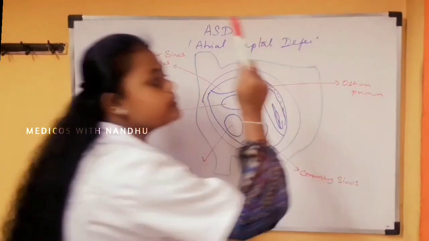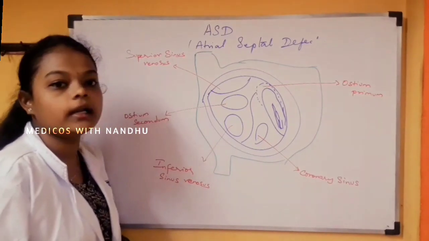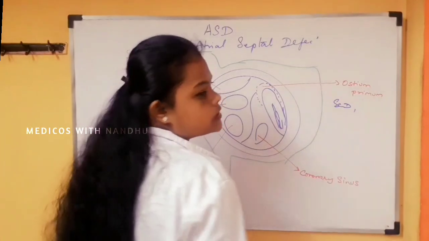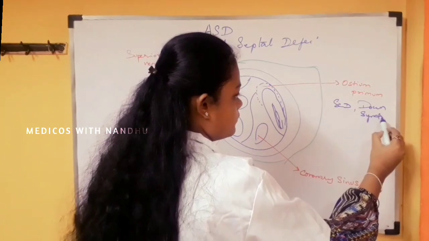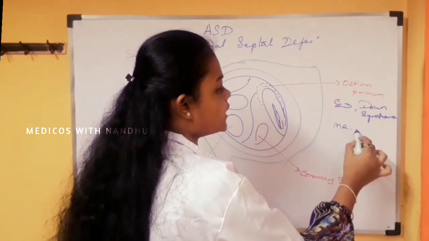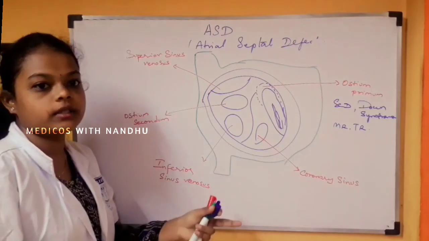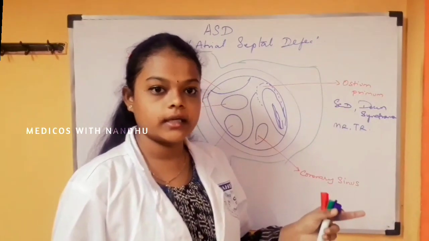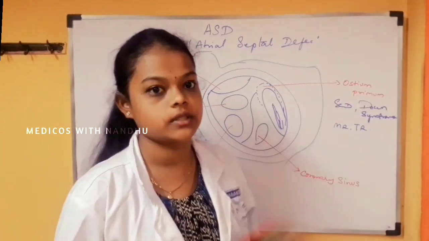Ostium primum is a type of ASD which is associated with endocardial cushion defect, with Down syndrome, and also with mitral valve regurgitation and tricuspid valve regurgitation. Any one of these defects is associated.